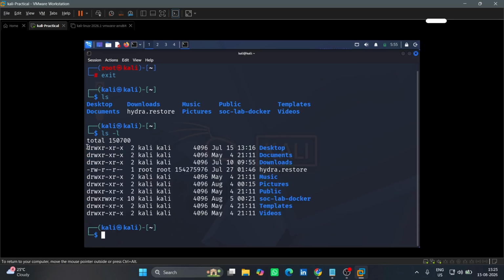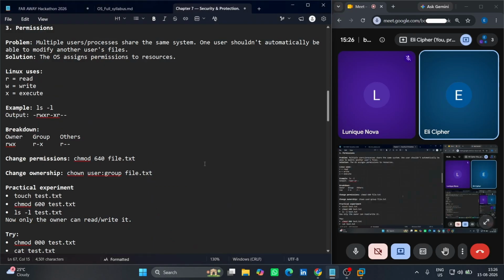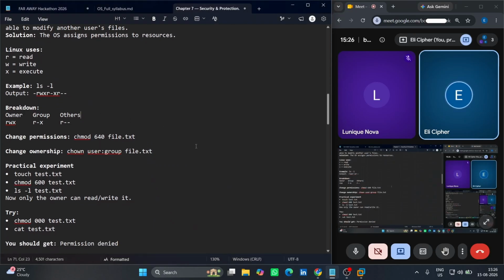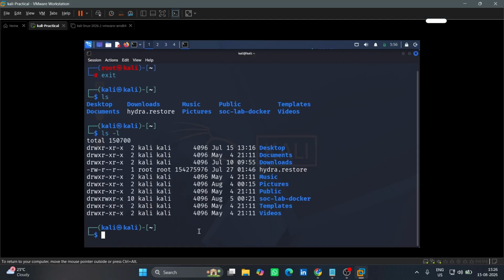Now using the flag hyphen l, I am able to show their permissions. This sector shows us permissions. If you run ls -l, what if I only want the information about that sock lab docker?